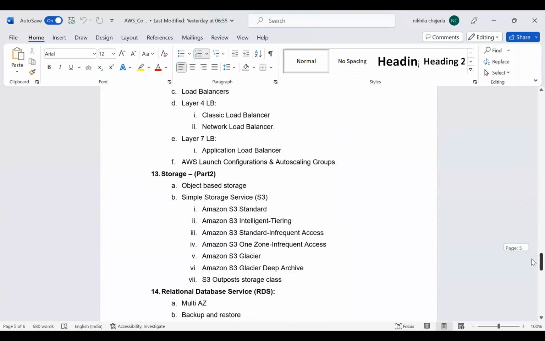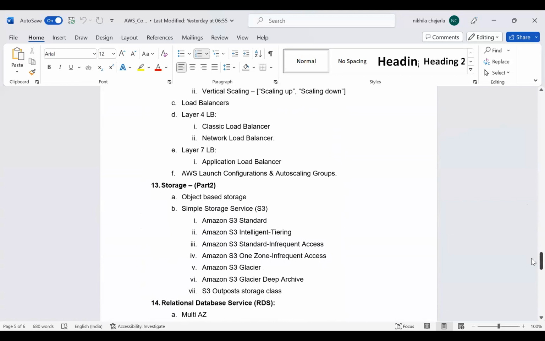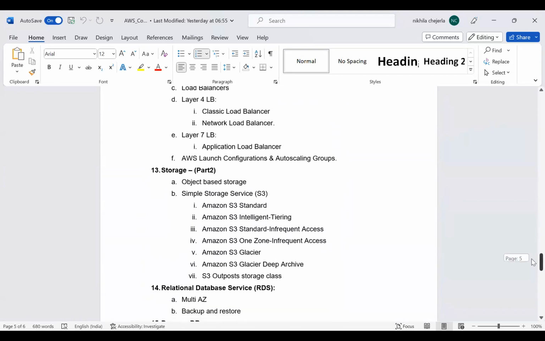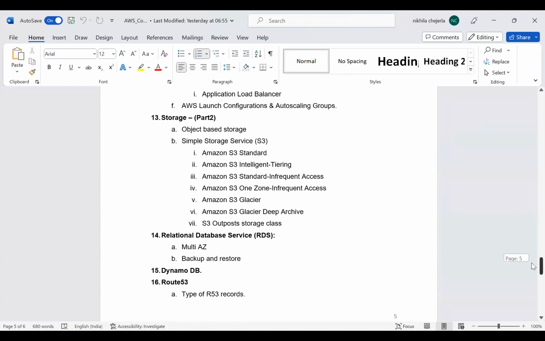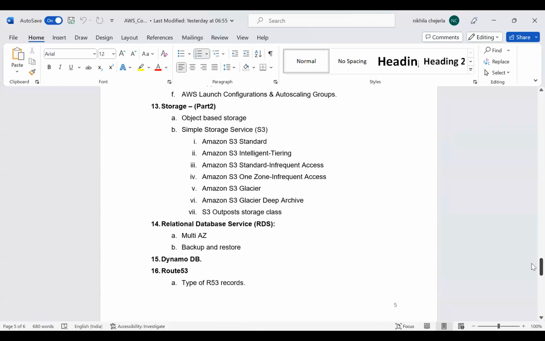And we will discuss the oldest service provided by AWS. When AWS was first introduced into the market, the first service they provided was S3, Simple Storage Service, which we will discuss. We will have different types of S3 buckets. And we will do practical sessions also, not only theoretical. We will do the theoretical and the practical in parallel for every topic.